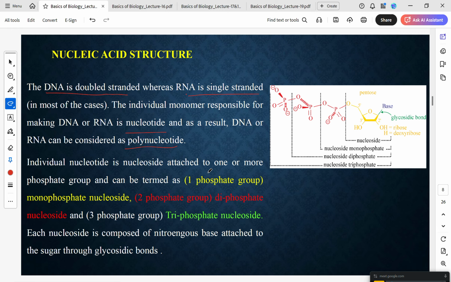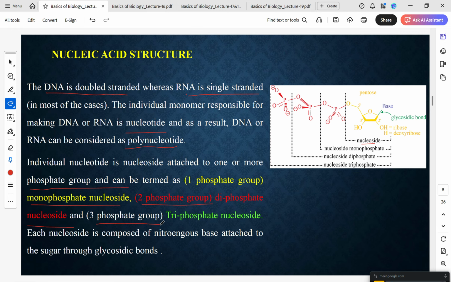Okay, so the nucleoside is attached to one or more phosphate groups. If it is attached to one phosphate group, it's a monophosphate nucleotide. If it is attached to two phosphate groups, diphosphate nucleotide.